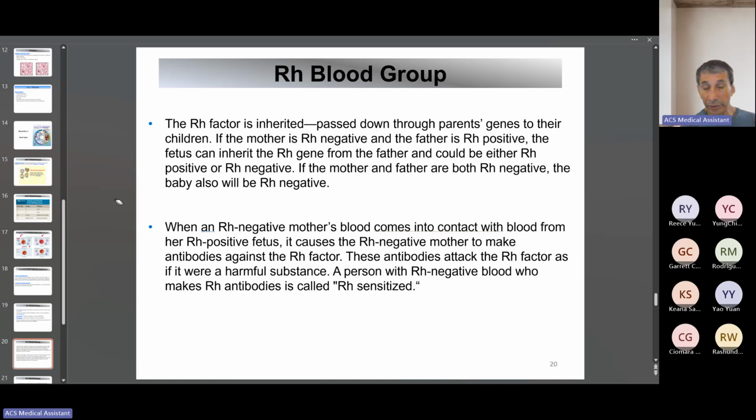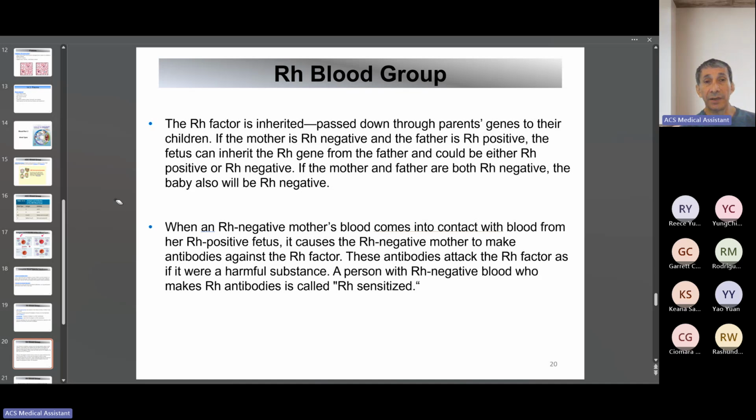And if you do it again, you're going to have another miscarriage and another miscarriage, as many times as you try, because your body already developed a resistance against this positive type of blood. So they don't get along.